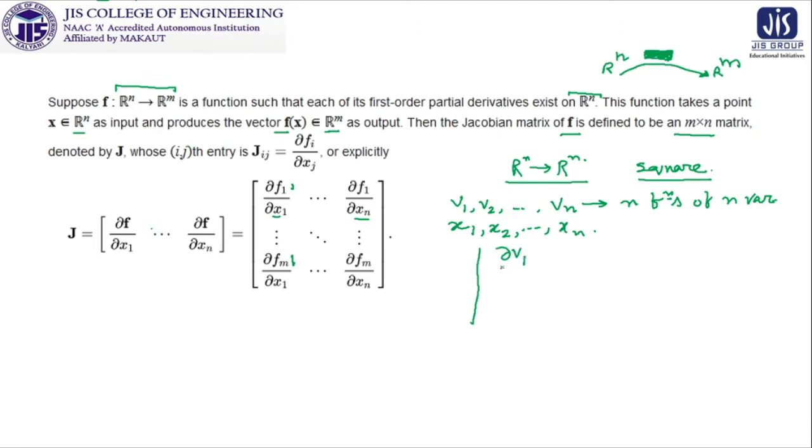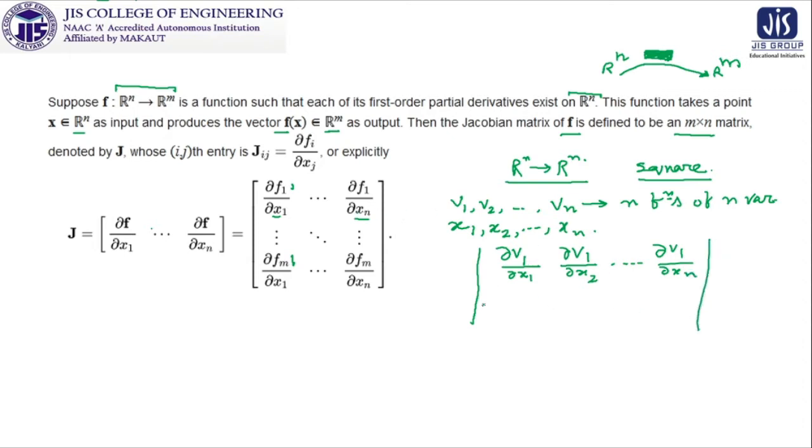The first row is del v1 del x1, del v1 del x2, up to del v1 del xn. Clear? Just symmetric with this.